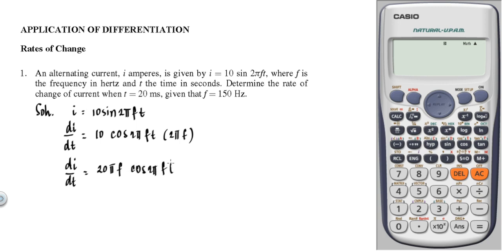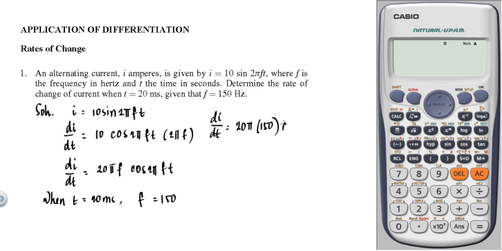Okay, what is di over dt when t is equal to 20 milliseconds and f is equal to 150 hertz? Okay, so lagay natin dito, no? When t is equal to 20 milliseconds and f is equal to 150, di over dt is equal to 20 pi times 150.